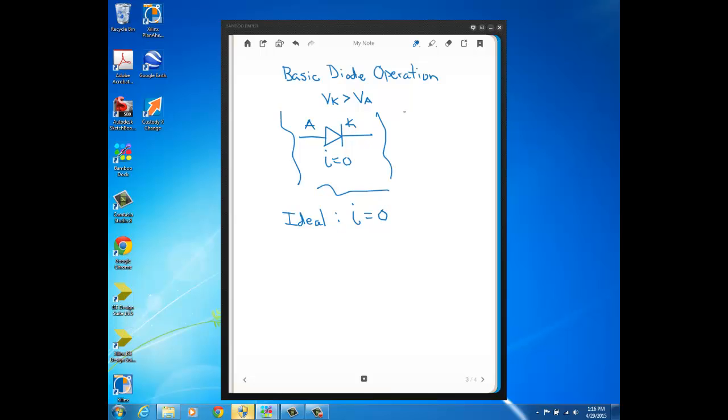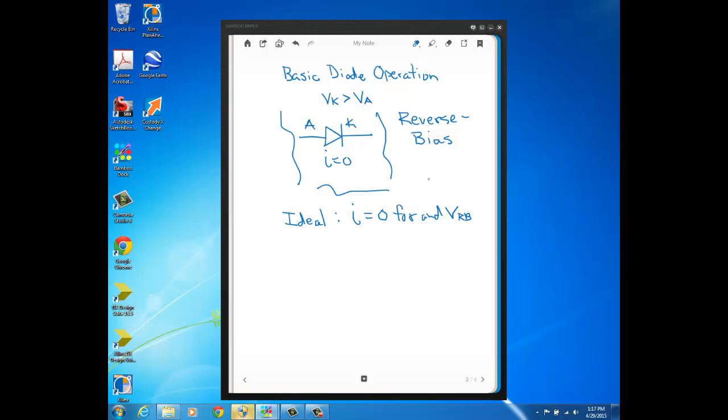Okay, and this is called the reverse bias condition. Remember, when current is flowing from anode to cathode, we call that forward bias. This is reverse bias, and ideally that diode that's reverse bias will not allow any current to flow through for any voltage. Okay, so for any reverse bias voltage.